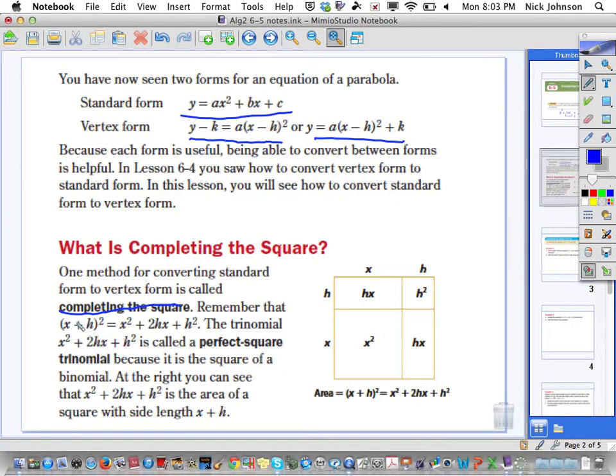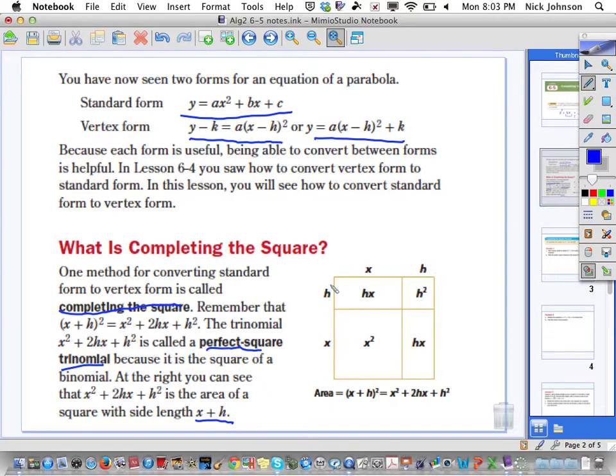Remember that: x plus h, squared. Square this number, and then take 2 times x times h, and that gives you your middle term. The trinomial x squared plus 2hx plus h squared is called the perfect square trinomial because it is the square of a binomial. At the right, you can see that x squared plus 2hx plus h squared is the area of a square with side length x plus h.